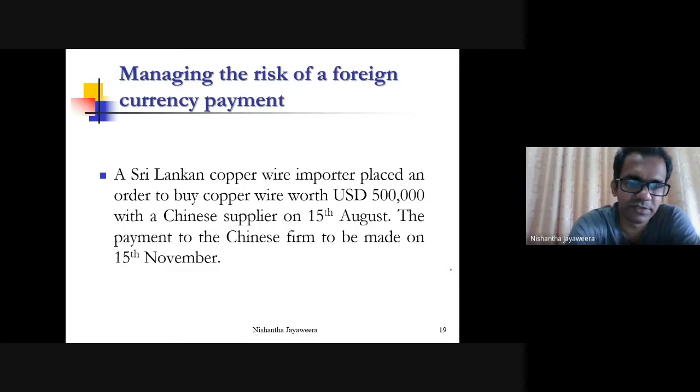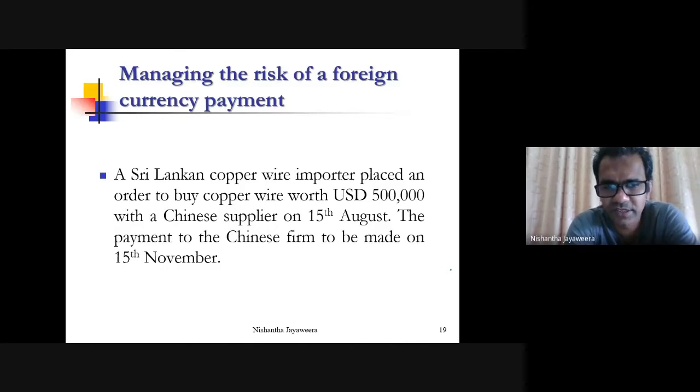Now we'll move into the other side of the story. Whenever you have a foreign currency payment, that means you have to make a payment in foreign currency, you are in a short position. You are about to buy foreign currency. You need to buy foreign currency on a future date to meet the obligation.